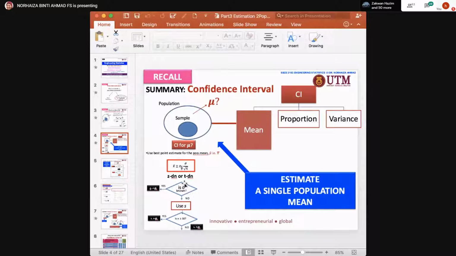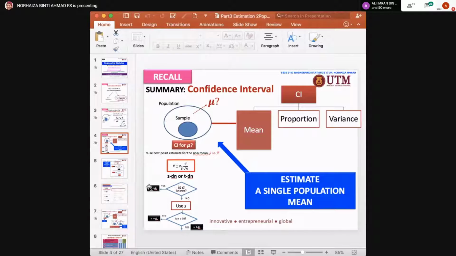If you do know the value of sigma, whether you know the population variance or the population standard deviation, you will use the basic formula, which is a Z value from a Z distribution. Why? Because by the central limit theorem, if you know information about the population, you don't need to estimate, and the central limit theorem says that if it is normal, it's going to be normal.